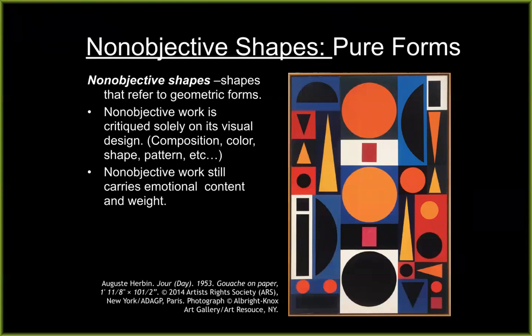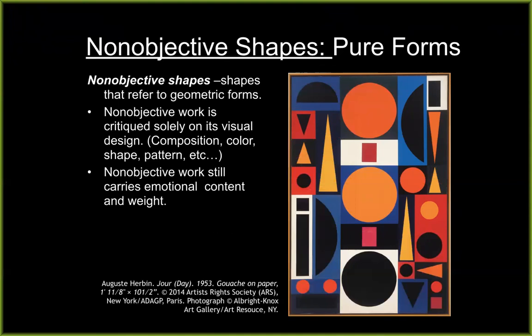And anything that is created with just these shapes is critiqued solely on the visual design. So if you were to critique this piece, you would talk about balance, you would talk about color, you would talk about pattern, things like that. It doesn't mean that it doesn't carry any emotional content, but it's much harder to critique that.